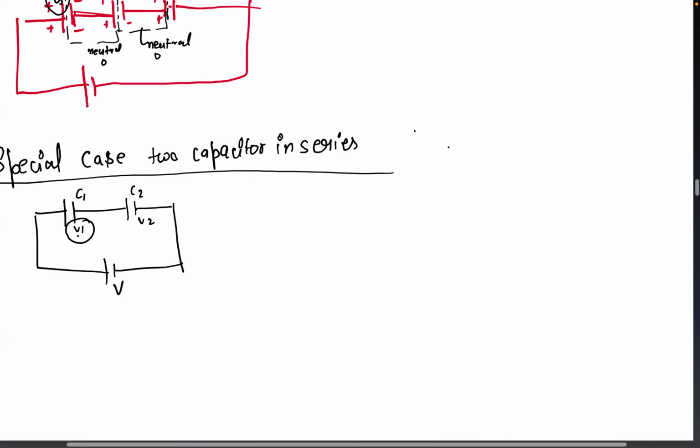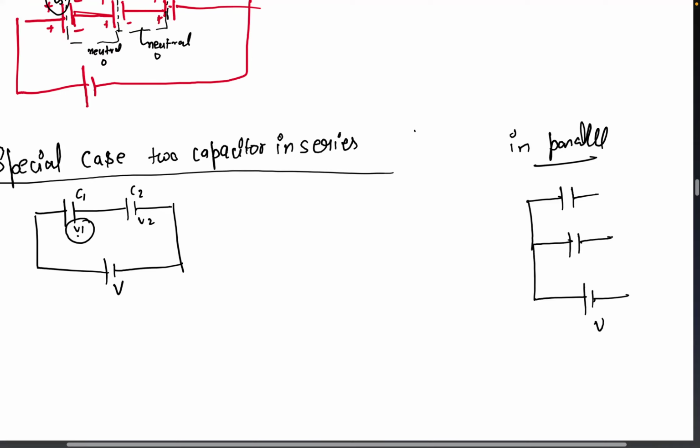In a parallel you have this V. C1, C2, and you know the potential is the same, so here you have to get the values of Q1, Q2.